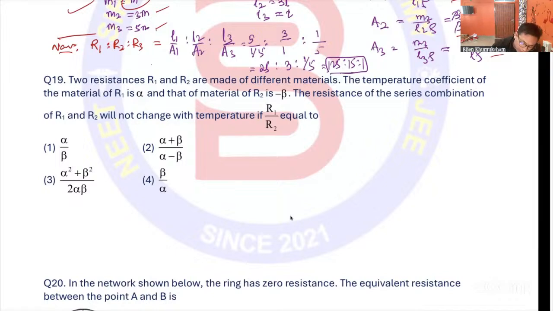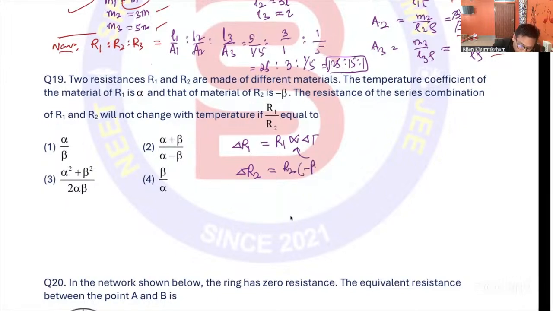Delta R is nothing but R naught alpha delta T. There is a temperature coefficient for the first one, so delta R1 is R1 alpha delta T. For the second resistor, delta R2 will be R2 times its temperature coefficient, and the value is minus beta. So delta R2 is minus R2 beta delta T.